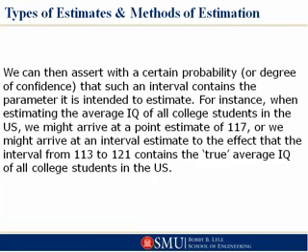One estimate. So average 117. Sample average. Do you project that and say that's the population? Or we might arrive at an interval estimate to the effect that the interval from 113 to 121 contains the true average IQ of all college students in the United States.